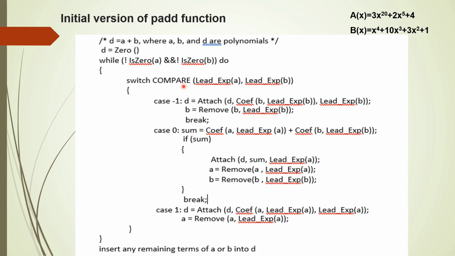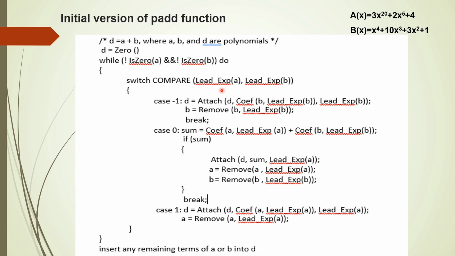If the first parameter, that is the leading exponent of the first polynomial, is greater than the leading exponent of the second polynomial, then it will return a value 1. If it is less than the leading exponent of the second polynomial, then it will return a value -1. If the values are equal, then the compare function returns value 0.